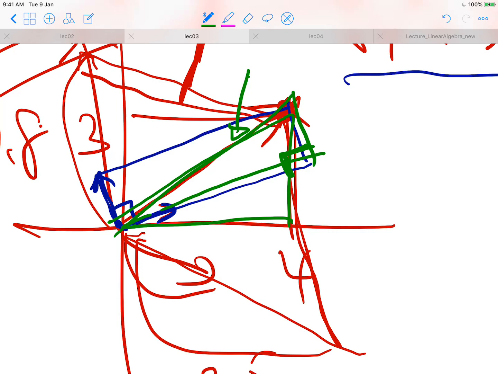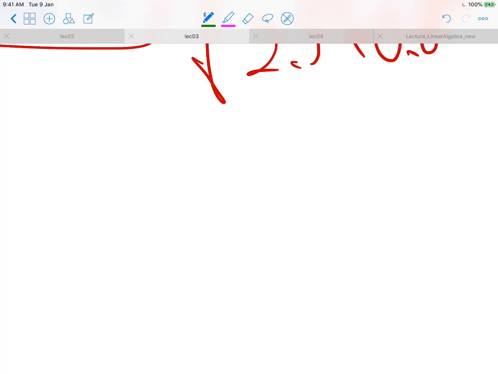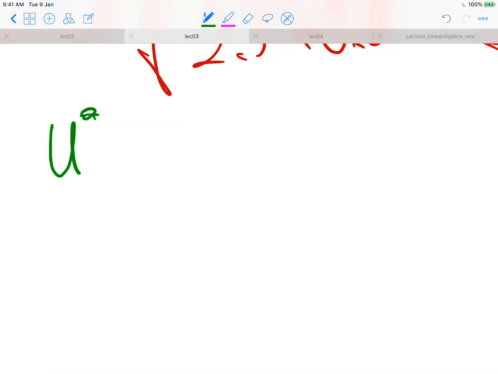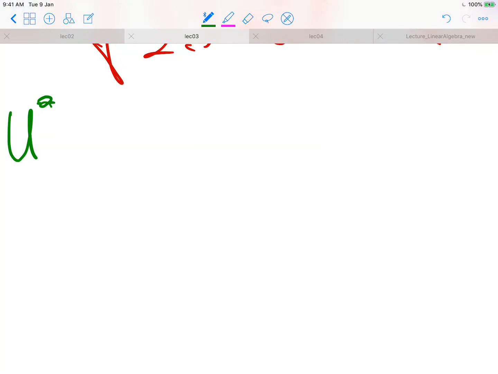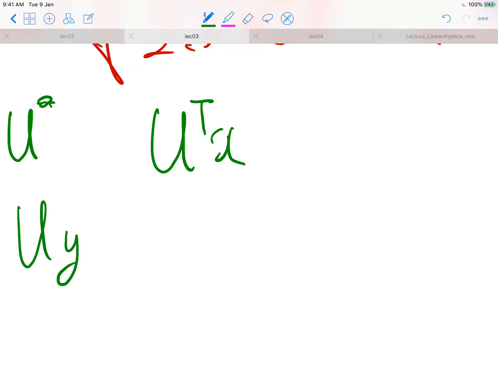And also, we already studied this: consider this U as an orthogonal matrix, okay, and then U transpose X is the corresponding coordinate, right? Because U times Y should be equal to X. And we know that U transpose U is identity.